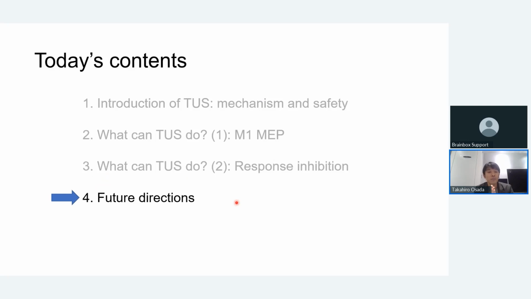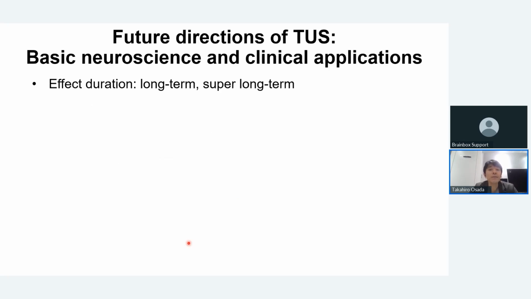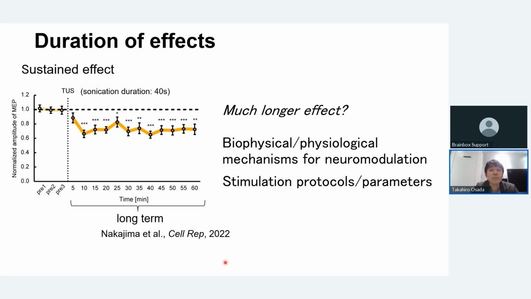Okay, so let's move on to the final part. I'd like to address the future directions of TUS. First, I'd like to discuss the effect duration of TUS. As demonstrated in the data on MEPs and task performance, TUS with a sonication duration of 40 seconds induced sustained suppression of activity lasting at least 60 minutes.